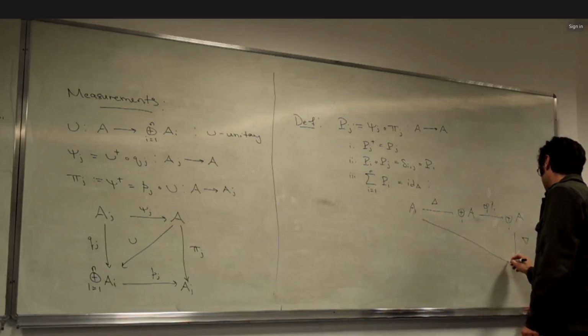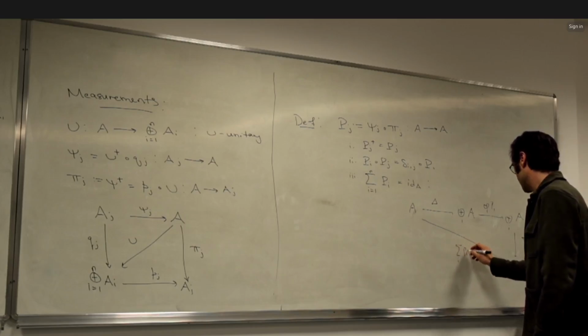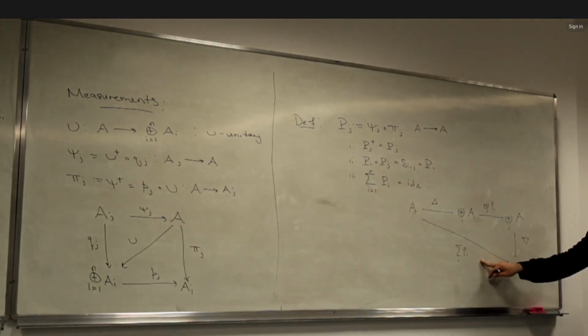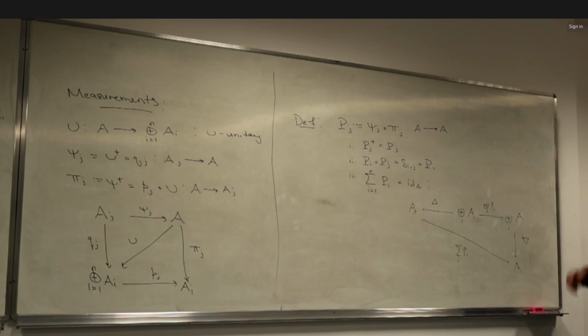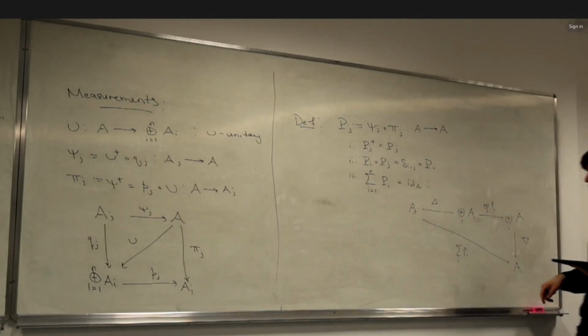So this is the sum, and we want this to be the identity. Very good. Yes, this is the notation that I missed out on. I guess this was in Abramsky and Coecke as well. Yeah, they probably defined it earlier. Okay, very nice.